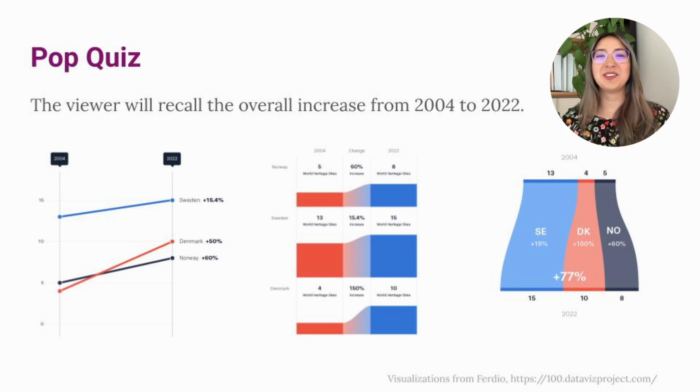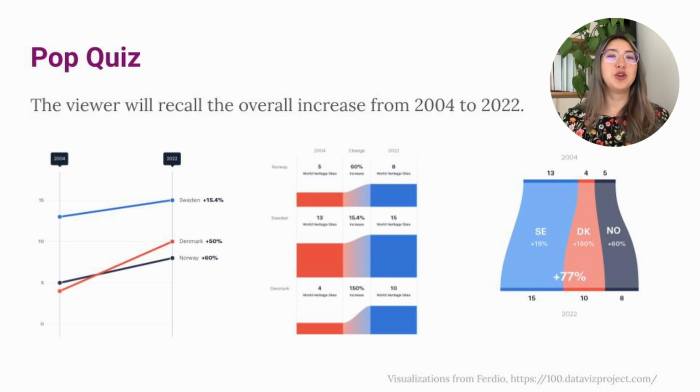So I would choose the graph on the right. And I would do that because the other charts show the increase for each country separately, which means that you would technically be able to calculate the overall increase by doing some math, but the chart on the right aggregates them as well as shows each country's increase. And it also annotates the overall increase, 77%, right at the bottom there, which helps to support this goal.